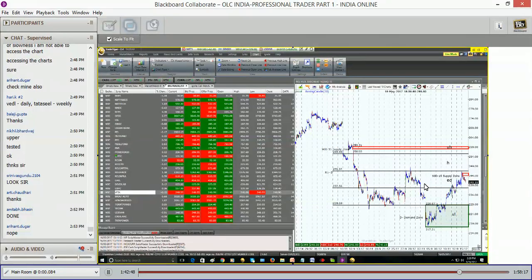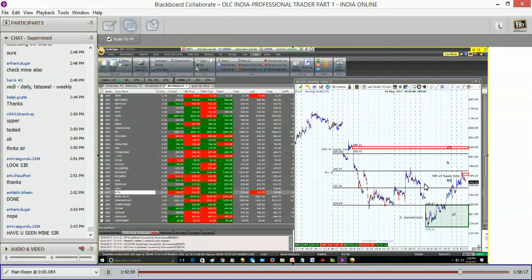Yes, this is correct. Amitabh, can you go to the lower time frame, please? We'll open it up here for the benefit of everybody. Now, the 60-minute level that you have marked, Amitabh, is that a fresh level, my friend?